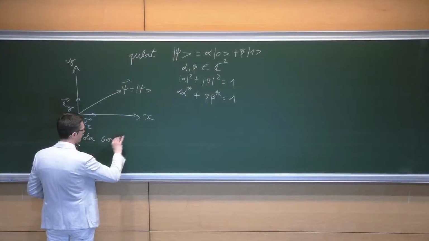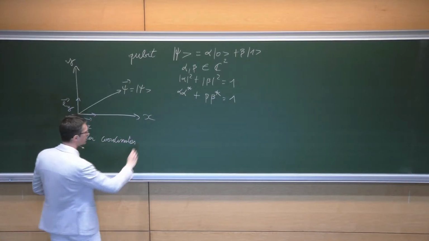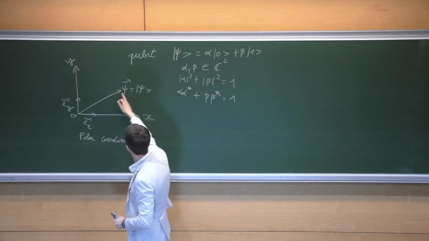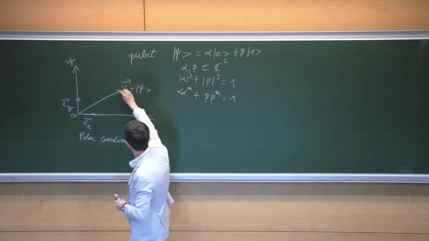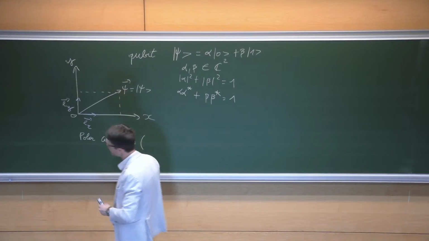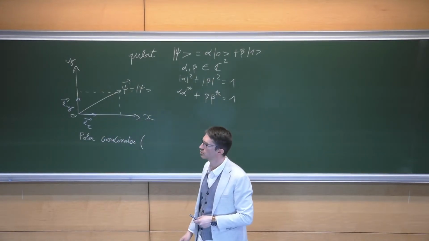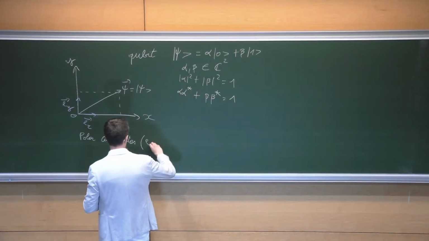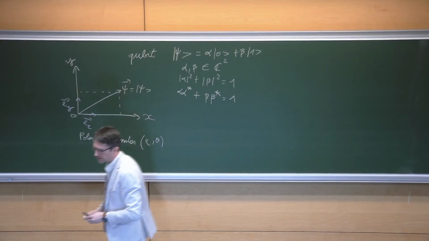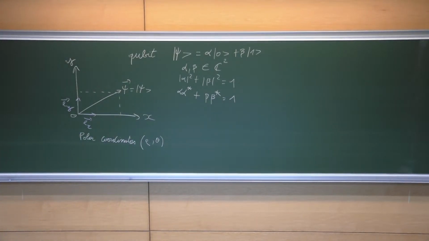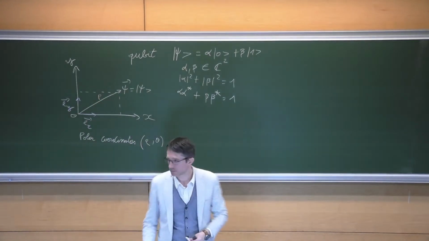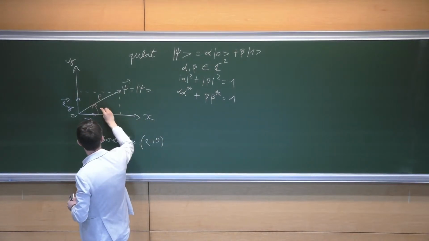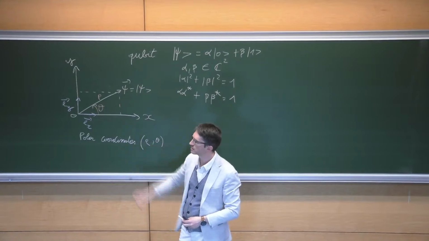Here you define the position of this point, so where the vector points, not by x and y coordinates anymore, but by two other coordinates, which we call rho and theta, where rho is the length of the vector, and theta is the angle of the vector compared to the x-axis.